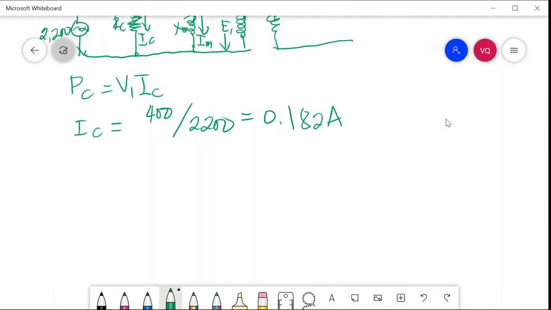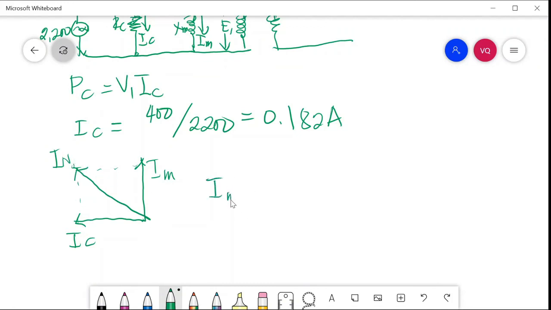So given IC and IN, this will be our vector diagram. This is IM, IC, and the sum of these two is your IN. Using the Pythagorean Theorem, we can solve your magnetizing current. IM is equal to the square root of IN squared minus IC squared.